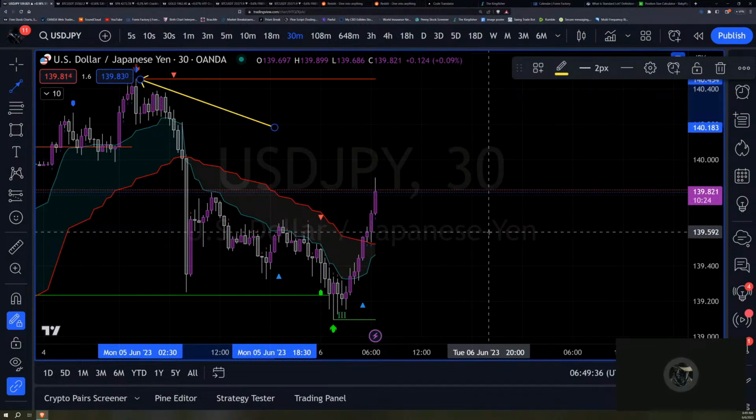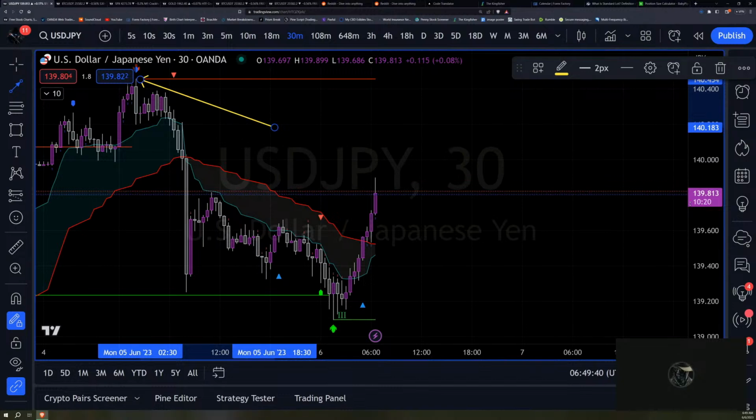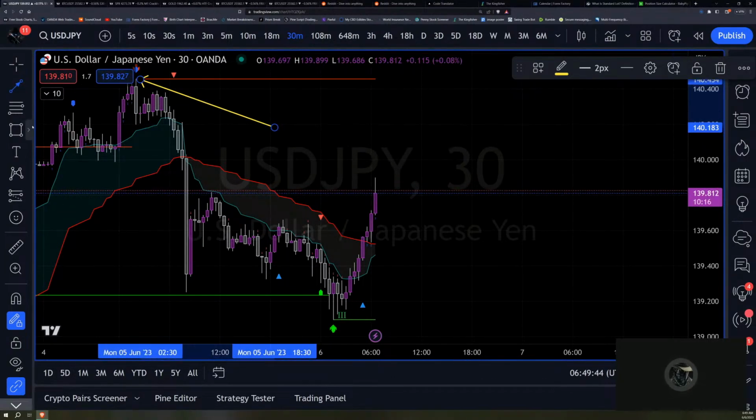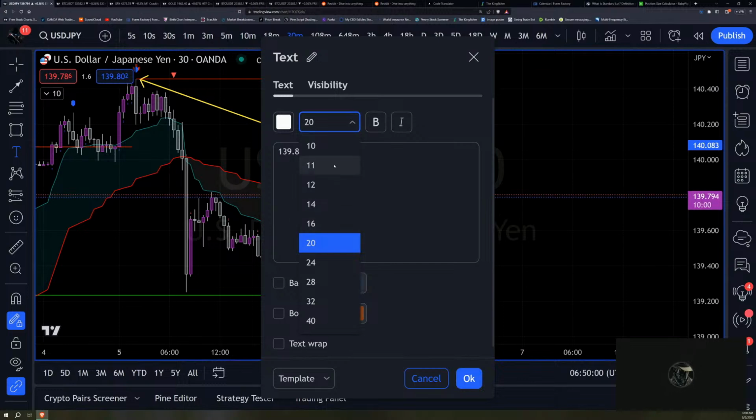It's like 139 yen to the dollar instead of 1.39 yen. So your pips are going to be a little different. If you look here, I'll type this out to make it easier to see: 1.3980 or 139.07. Let me blow this up a little bit.